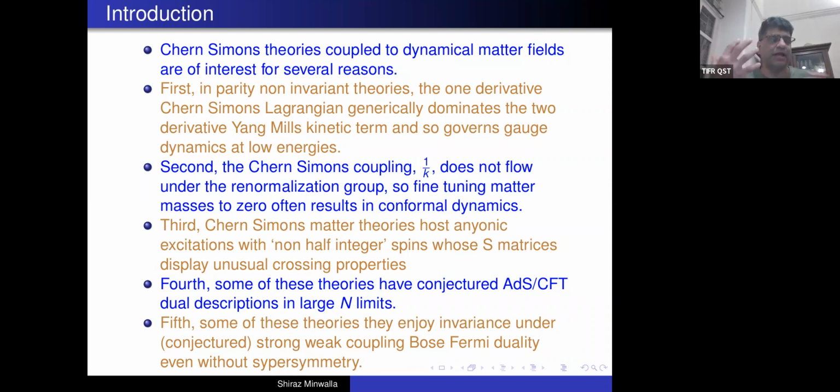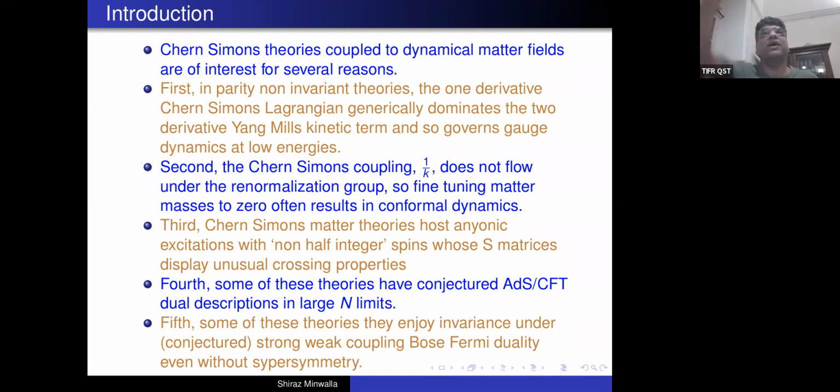Recall that the Chern-Simons term is the trace of A dA plus 2/3 A cubed, and the coefficient that appears in front of the Chern-Simons term, which is sometimes written as k by 4π, involves this k, which, in order for the theory to make sense, in order for the theory to describe gauge invariant physics, has to be an integer.